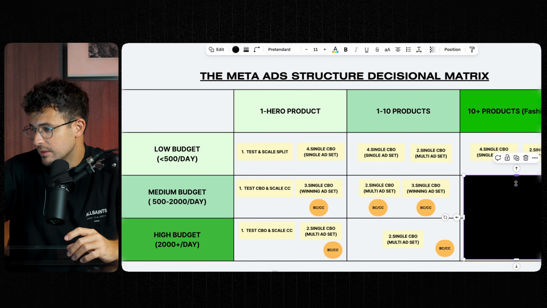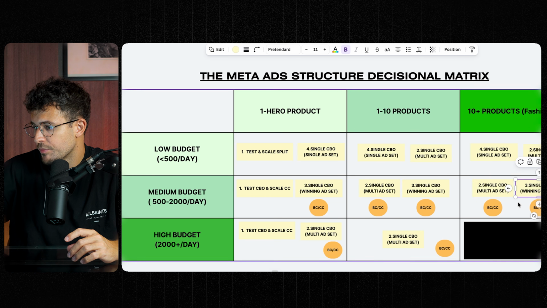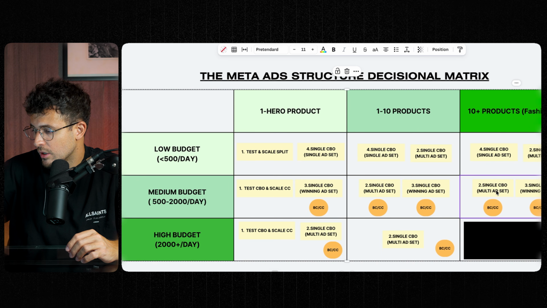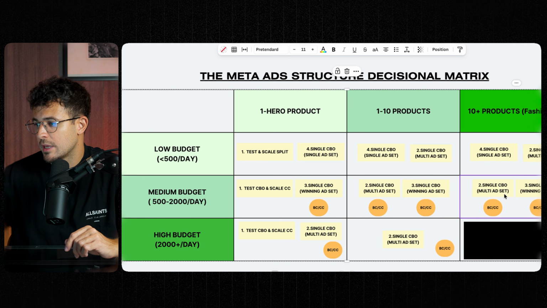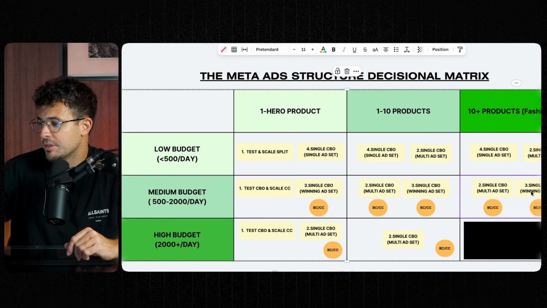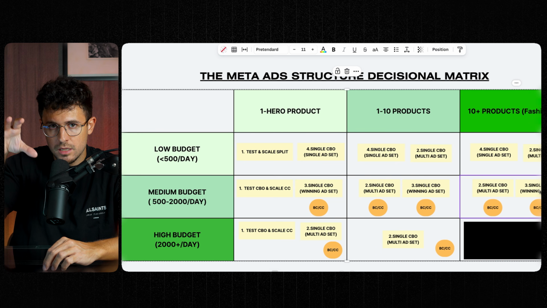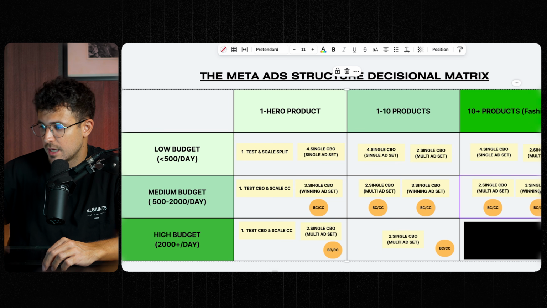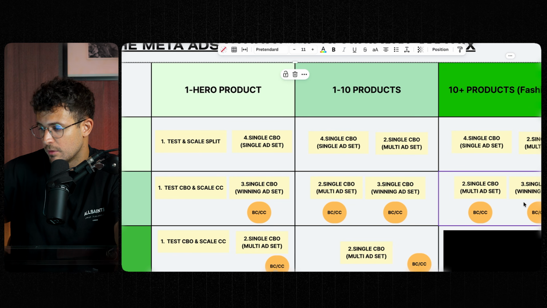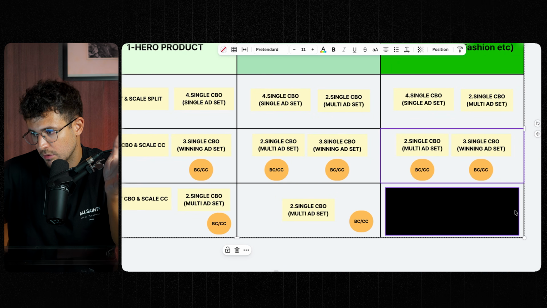And then you start increasing the budget here, and then what you want to do is have a single CBO multi-ad set, so you want to keep adding more ad sets. And the other option here is that you can still add more ad sets while at the same time you build your winners inside the single ad set by duplicating them inside the existing campaign. At the same time, you have your bid cap and cost cap campaigns that are running simultaneously.